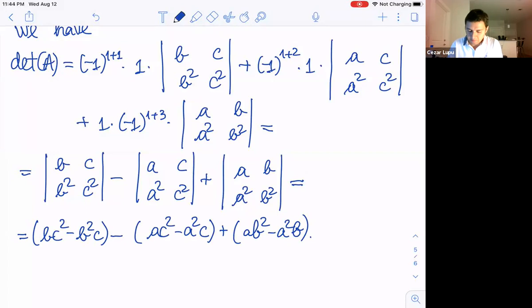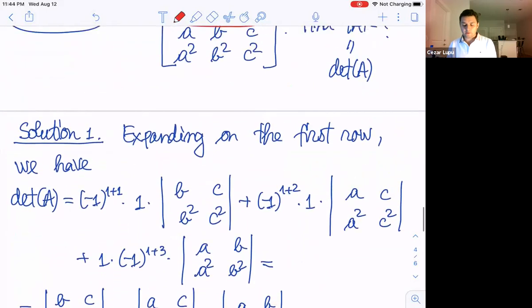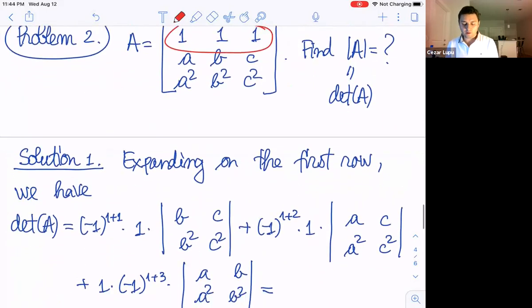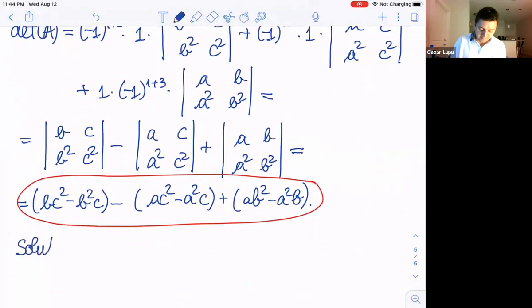We can factor if you want, but you'll see that we'll obtain different expressions, or maybe the same expressions, which by just elementary algebra will be the same thing. Okay, that's the first solution. We expanded on the first row since I have a bunch of ones. But now, let me give you another solution, which is a little bit more, I wouldn't say tricky, but it involves the properties of the determinants.